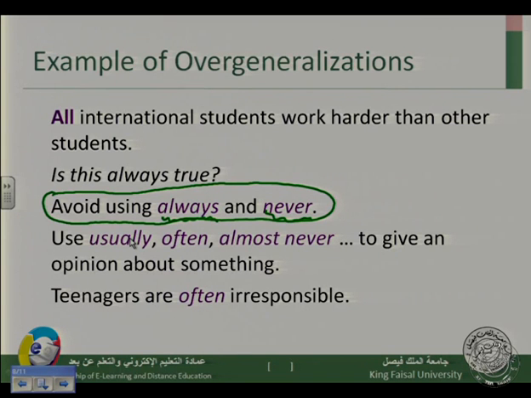And especially when you say this about people. How can you guarantee that everyone you're talking about has this characteristic? So if you do use always and never, you're always in a position of not being so true.